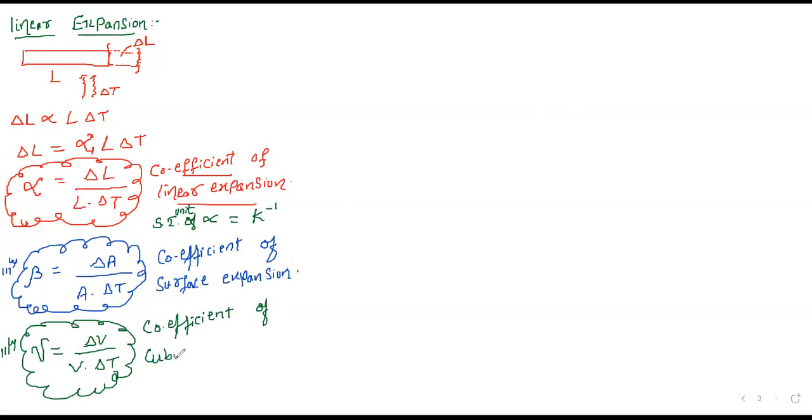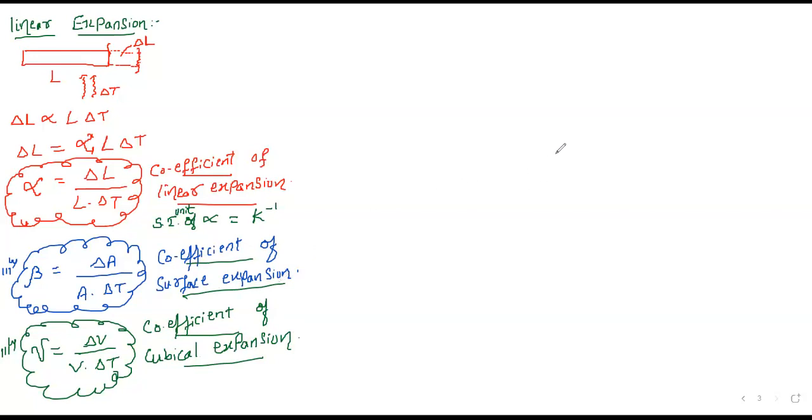Cubical means 3-dimension. So gamma is the coefficient of cubical expansion. So there are 3 important expansions, students, that is alpha, beta, and gamma.